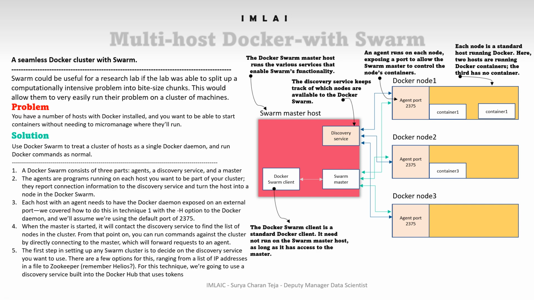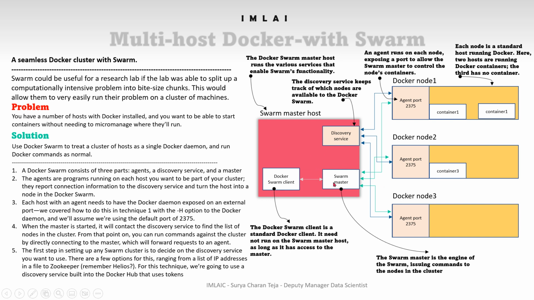Coming back to the Swarm master host, inside it we have a Docker Swarm client and the Swarm master. The Docker Swarm client is a standard Docker client. It need not run on the Swarm master host as long as it has access to the master. Then we have the Swarm master, which is the engine of the Swarm, like the Docker engine.